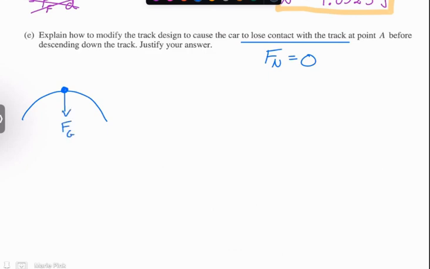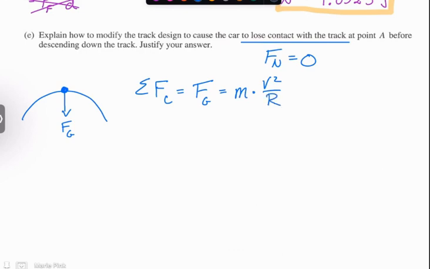Now there's 2 ways to do that. One of them is that if you think about your sum of your forces in the y direction, or towards the center of the circle, I should say, in this case, it's only equal to Fg. So that's equal to your mass times v squared over r.